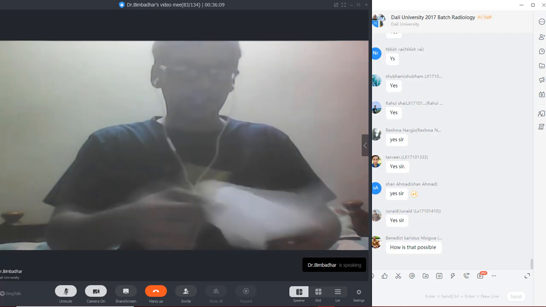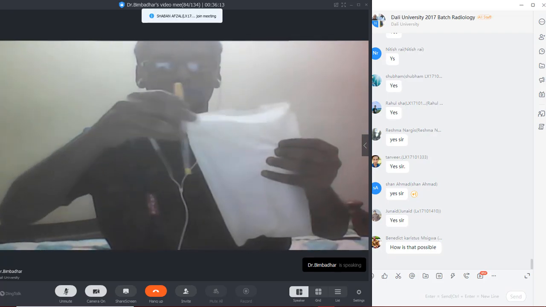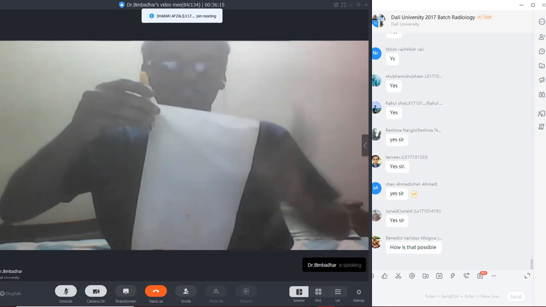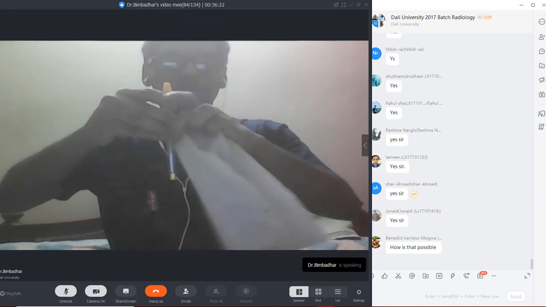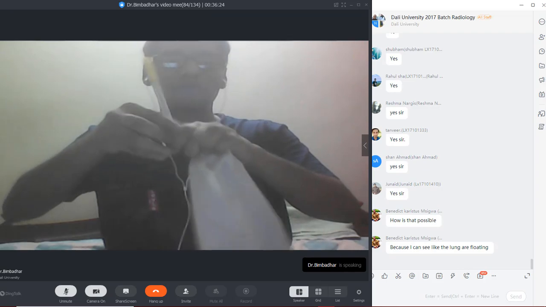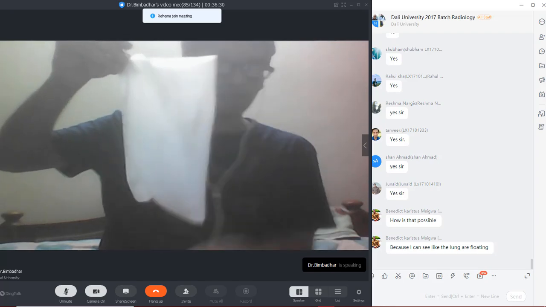You see here, imagine this is the lung, imagine this is the trachea. There is air present in it here, and the trachea is like this. Now let us say this part of the lung is collapsed, in the upper lobes. Because I do not have a diaphragm below, lungs are not floating.